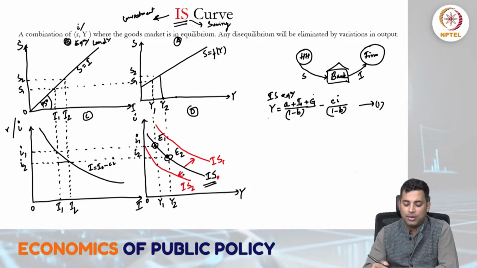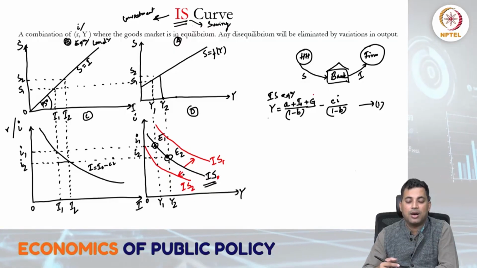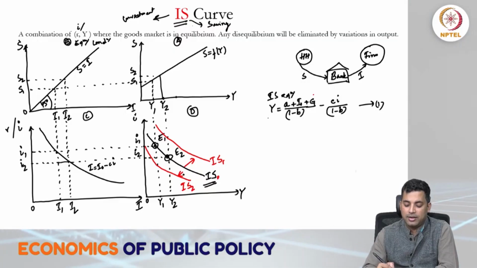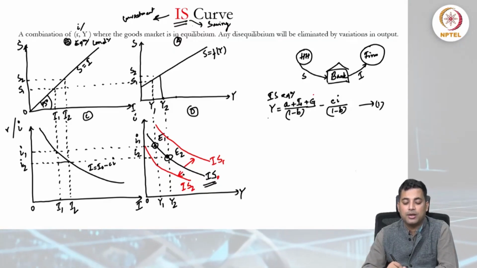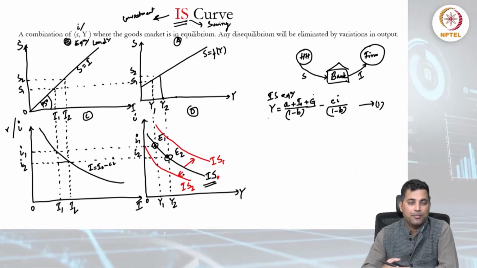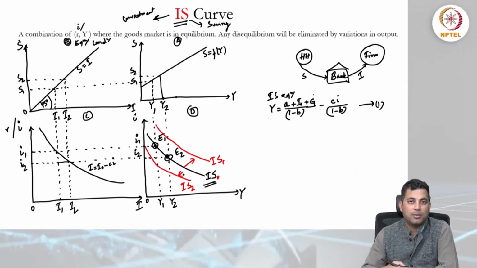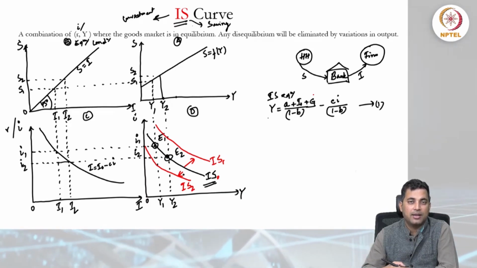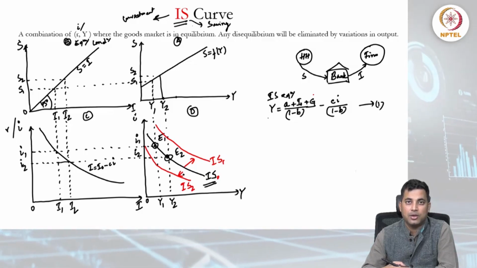So this is how we can see the IS curve shifting from one position to another. These are the policy-level discussions, through taxation or government expenditures, of how the IS curve or product market responds, and how it changes the equilibrium conditions.